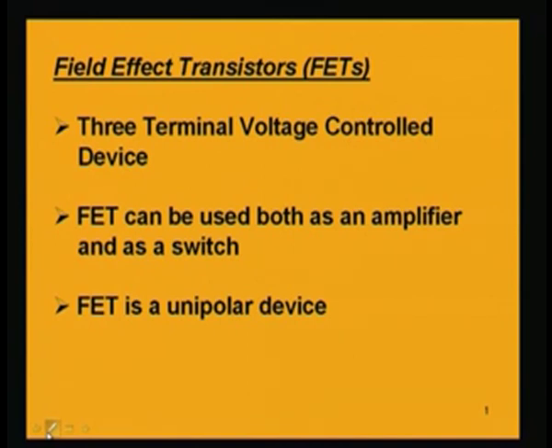One important difference from the BJT is that the FET is a unipolar device. That is, here the charge carrier is of one type, either holes or electrons. But in the BJT we have seen there are two types of charge carriers. It is a bipolar device.